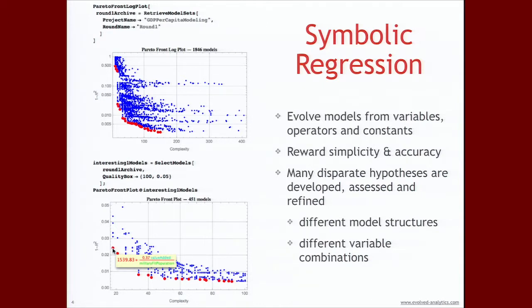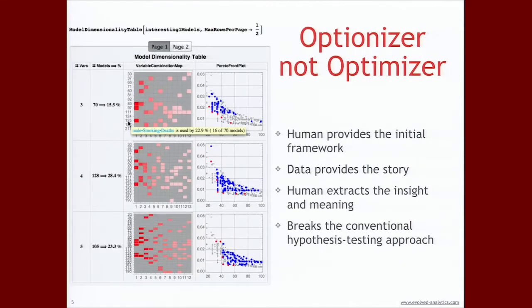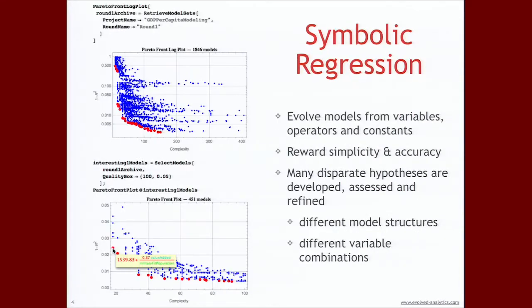And as a result, you will be hypothesizing many disparate models. You come through and reject them, refine them, and evolve simple models. If a variable is not important, it's going to be driven out. Let me go back here.